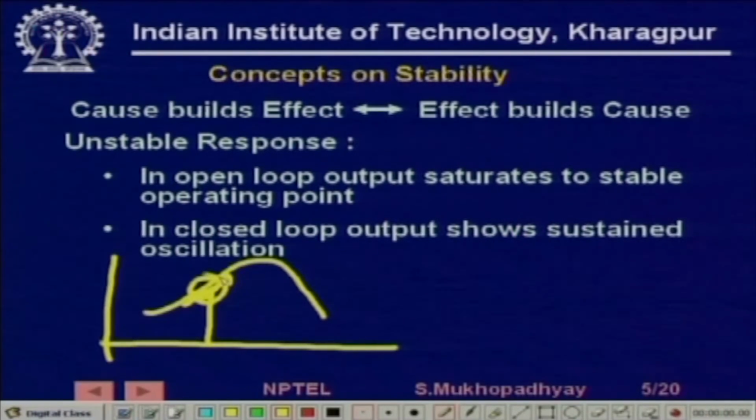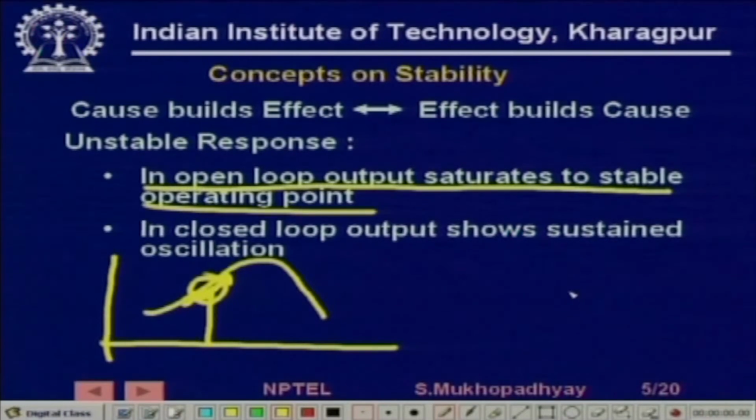So, under control, this tendency of the open loop to saturate to a stable operating point is prevented by the controller. Every time from an unstable loop it will tend to go to the stable point, but the controller will push it back, then it will tend to go to the other operating point and the controller will again push it back.